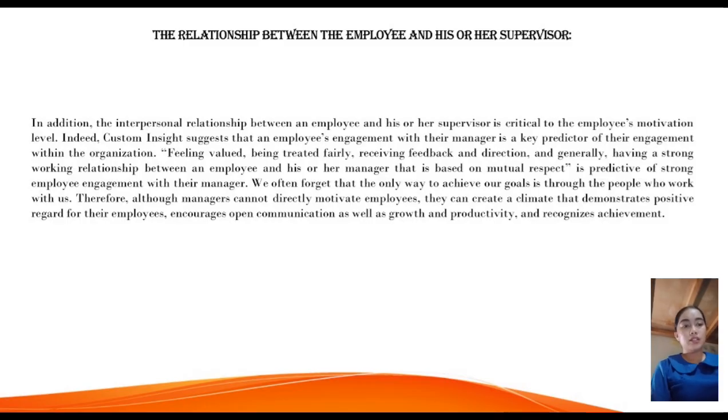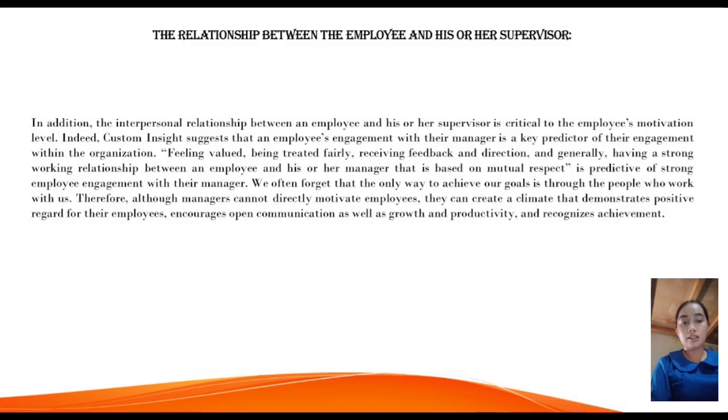Feeling valued, being treated fairly, receiving feedback and direction, and generally having a strong working relationship between an employee and his or her manager that is based on mutual respect is predictive of strong employee engagement.